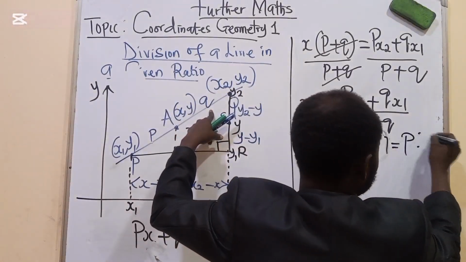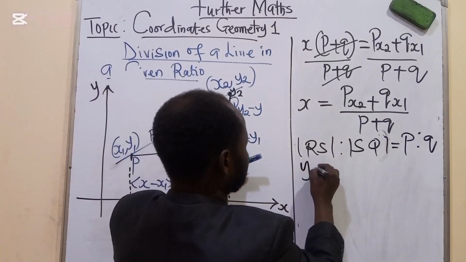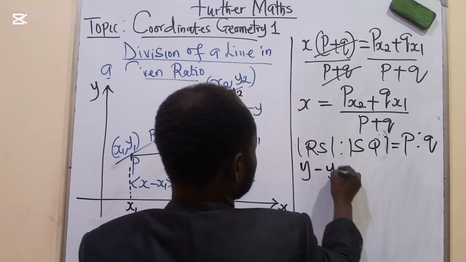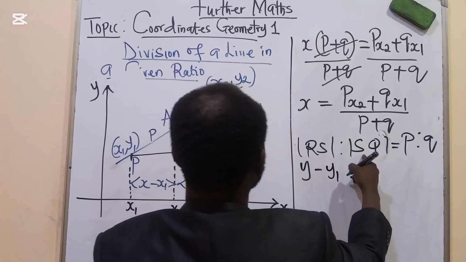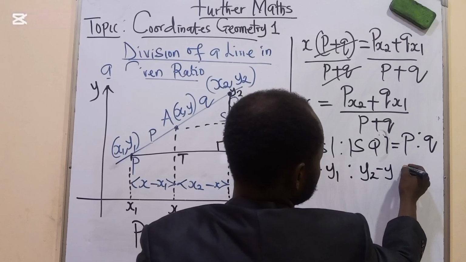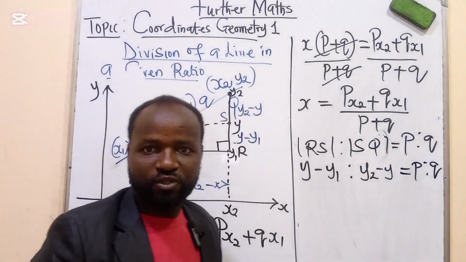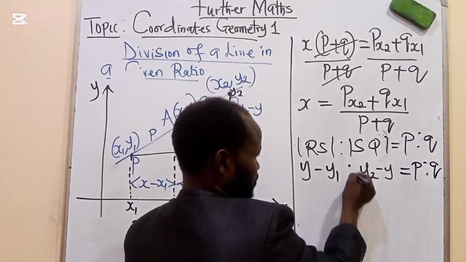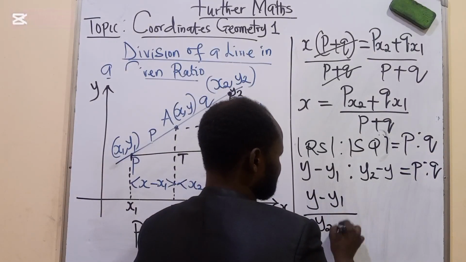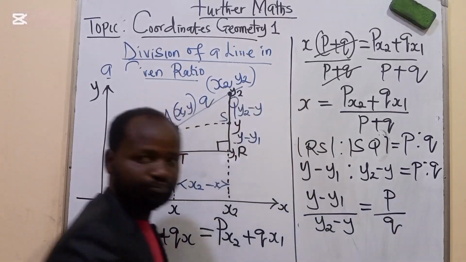The ratio P is to Q. R to S is nothing but y minus y1, ratio y2 minus y. This will now be equal to P is to Q. Very important. This ratio means we can write y minus y1 divided by y2 minus y as P divided by Q.